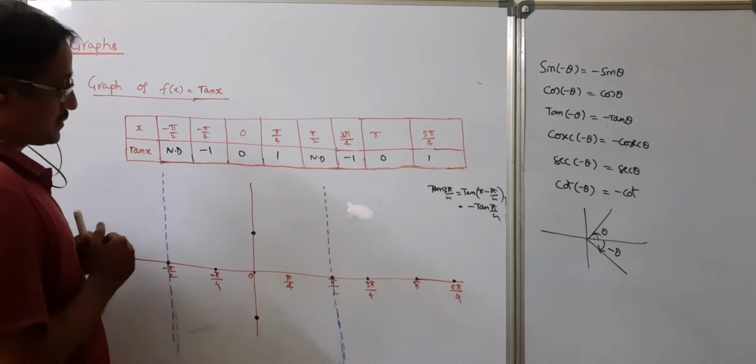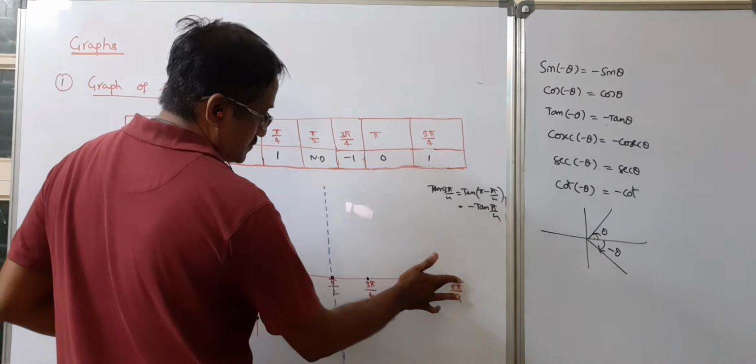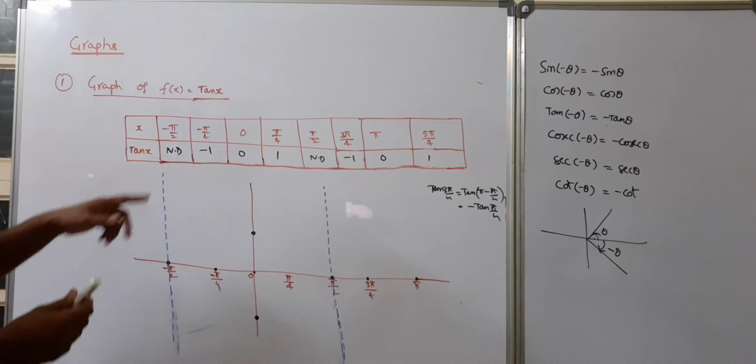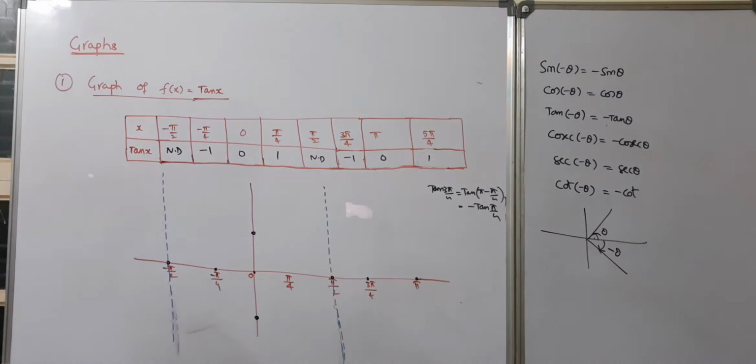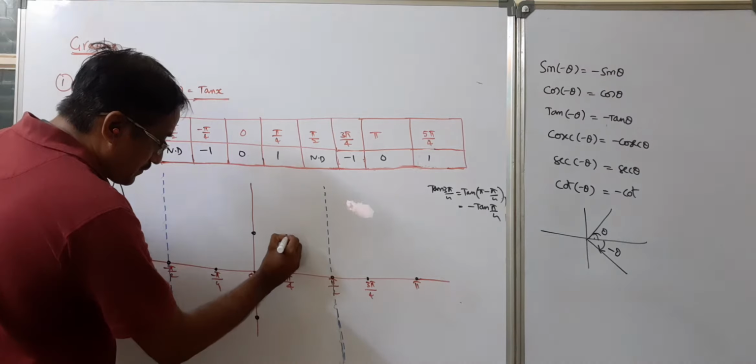So see this. Tan pi by 4 is 1. Tan 45 degrees is 1. So you can mark the point here. This is 1.